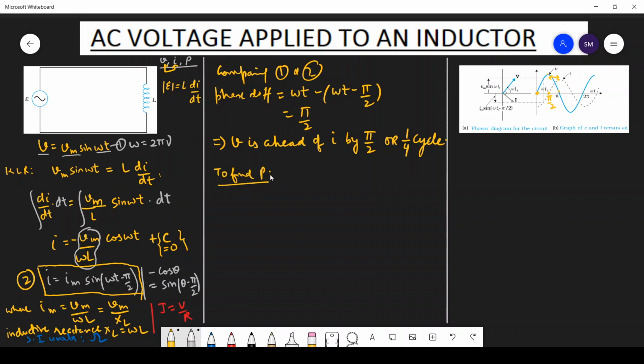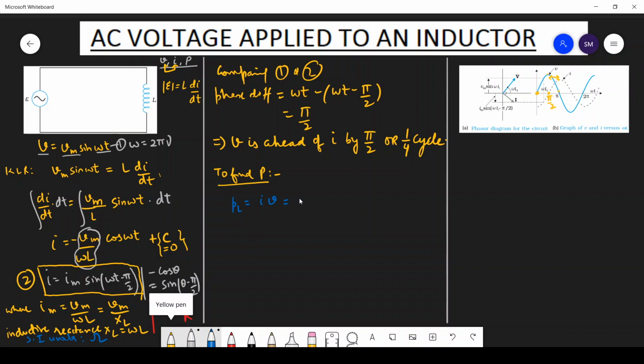Now we know that the instantaneous power supplied to the inductor will be given by PL is equal to IV, and here I will put the values from equation 1 and equation 2.